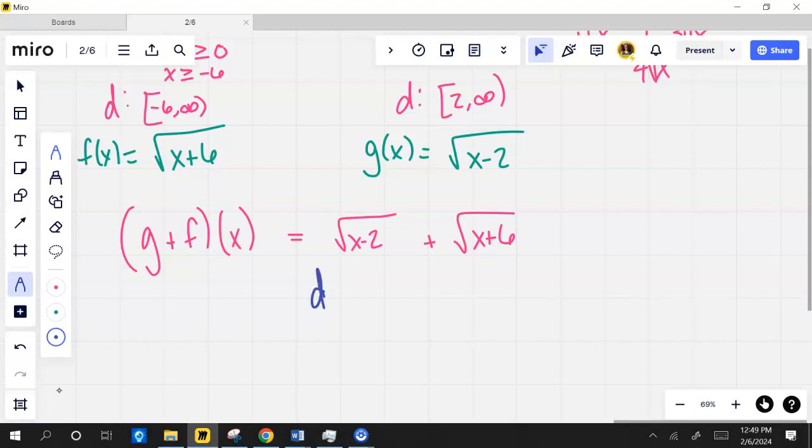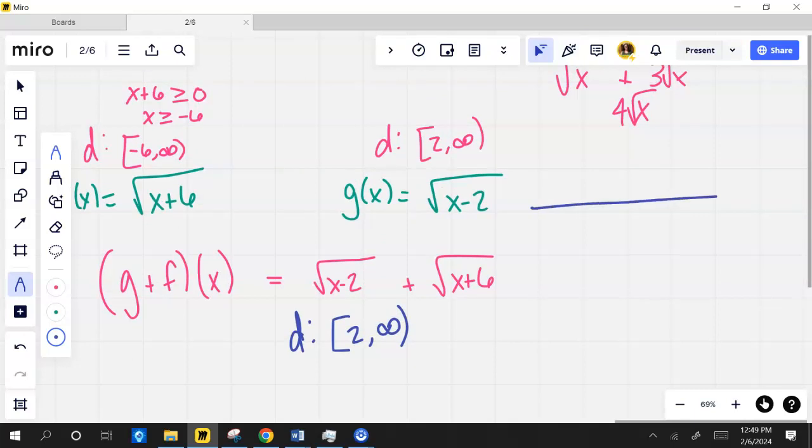Why? Explain it, Logan. Because the second one can't have negative 6 or anything. Here's negative 6. Here's 2. The first one says it has to be from here to the right, so I've left off all of this.